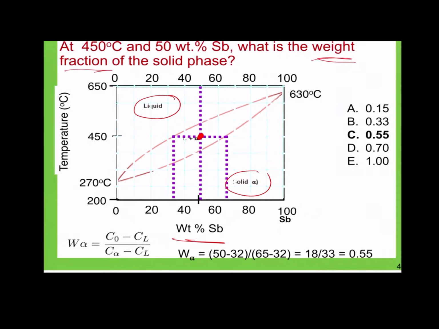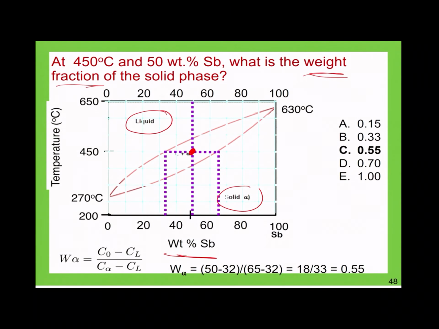If you draw your tie line here, where do you meet C alpha? And where do you meet your C L, which is where it touches the liquidus line? This line right here is the liquidus. This bottom line is the solidus.